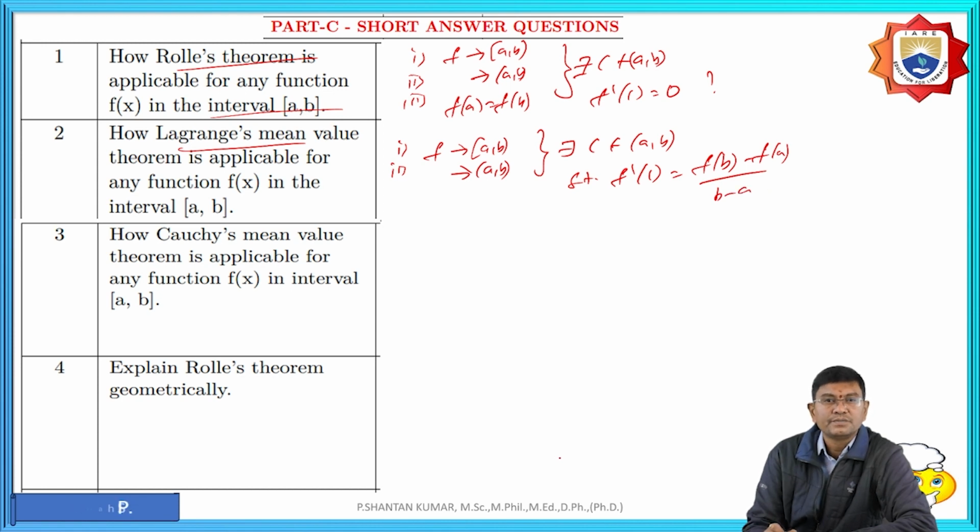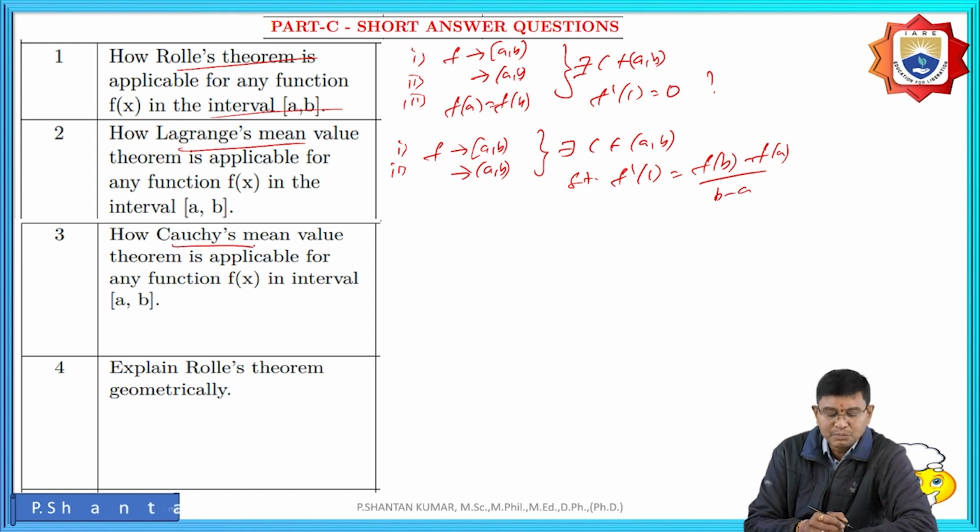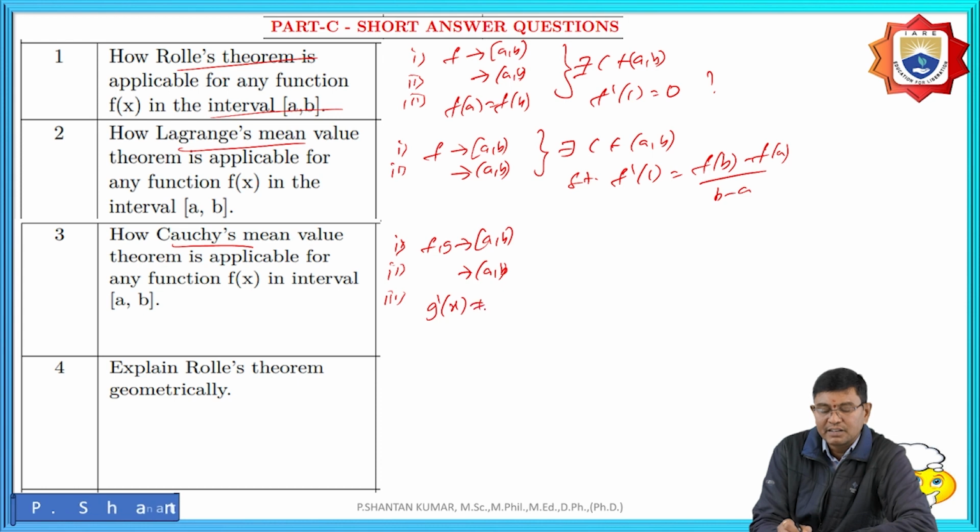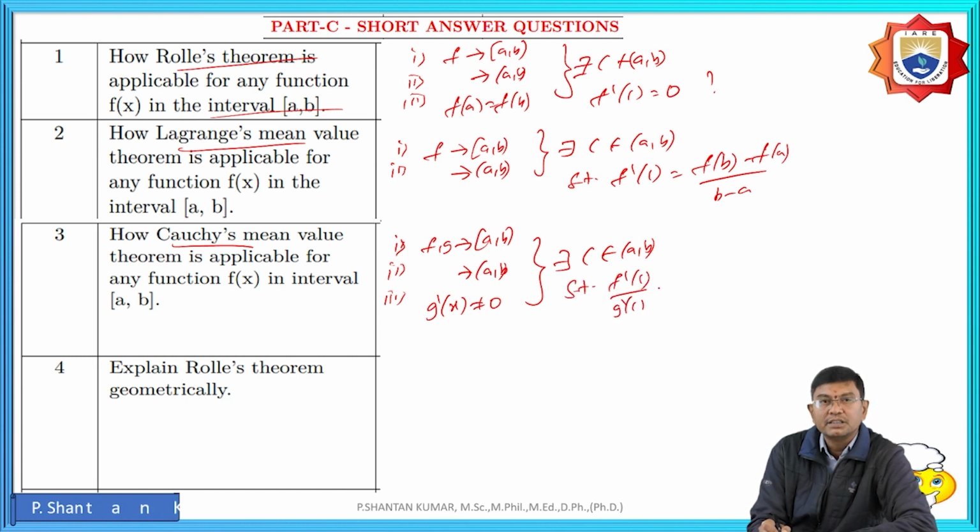And next, Cauchy's mean value theorem: f and g are continuous in the closed interval [a, b], both are derivable in the open interval (a, b), and g'(x) is not equal to 0. Then there exists c belongs to (a, b) such that f'(c) by g'(c) is equal to (f(b) minus f(a)) by (g(b) minus g(a)).